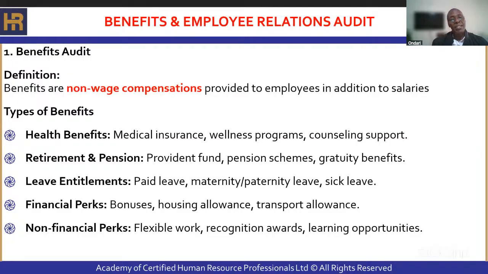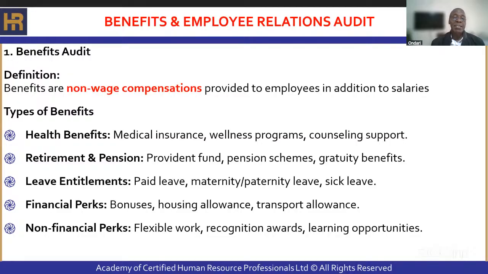Secondly is leave entitlements. These leaves are stipulated in our laws. For example, maternity and paternity, they are provided in law. But as a benefit, we can extend them as organizations.